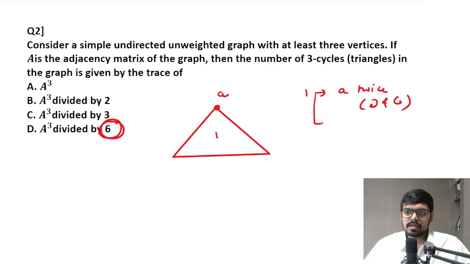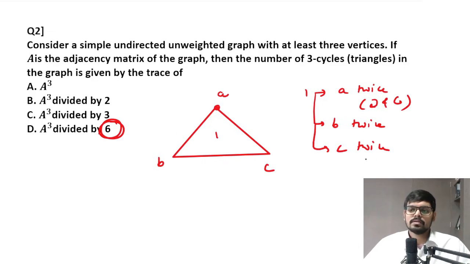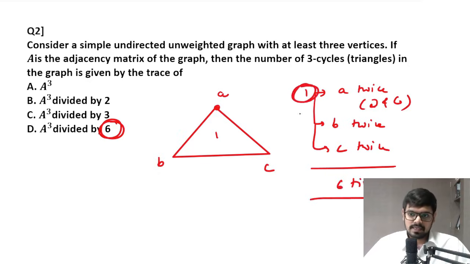Similarly, this triangle 1 is covered by B also, in the same style, clockwise and anti-clockwise, so twice. C also twice. So twice plus twice plus twice is 6 times. So this triangle was repeated 6 times, and therefore you can say trace of A cube by 6.